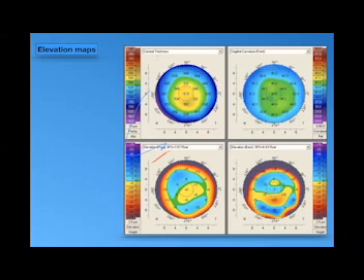Okay, the ellipsoid map to remove the factors, or to check for the factors which may be caused falsely by the astigmatism itself, because we have a lot of false high elevation in astigmatic cornea. So it's calculated in the ellipsoid map to remove all these affecting factors. But the best fit sphere is the commonly used rule or map for the elevations.